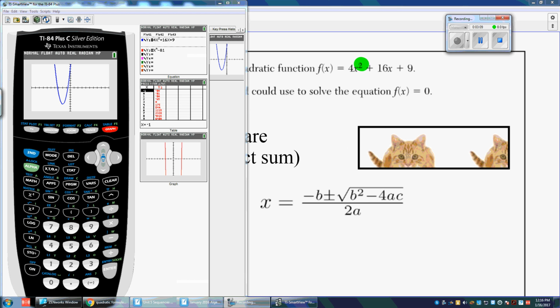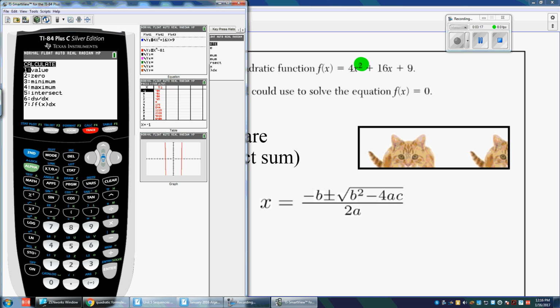So graphically, I typed it into the calculator and I hit graph. Now, if I do calc, second, trace, calculate, choice number 2 are the zeros. And it says, am I on the left-hand side? No, so I'm hitting the left arrow until I'm on the left-hand side of it. I hit enter. Now I go down and I hit enter again. And it gives me negative 3.3.